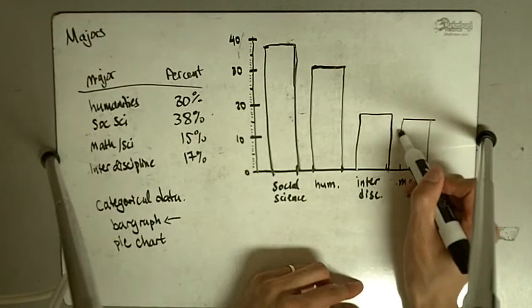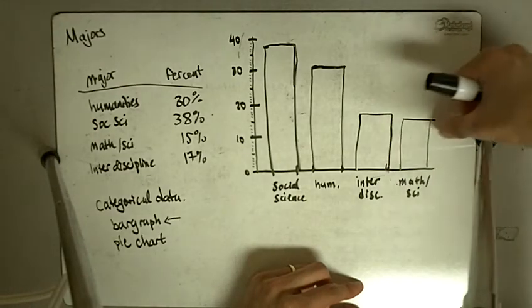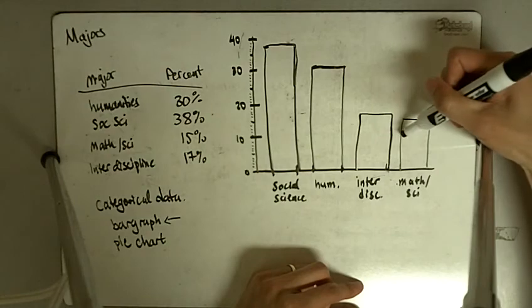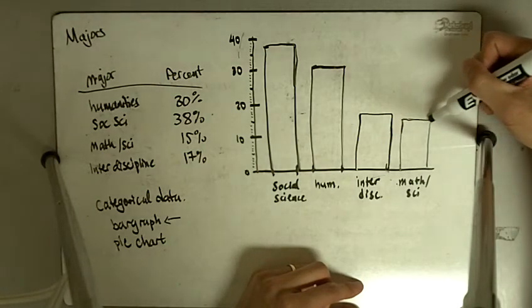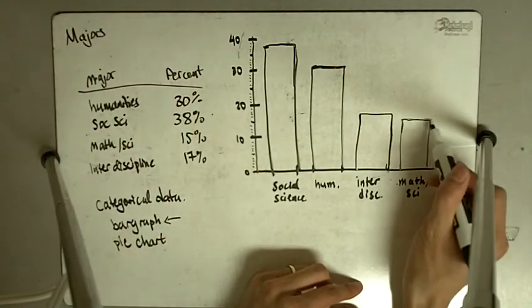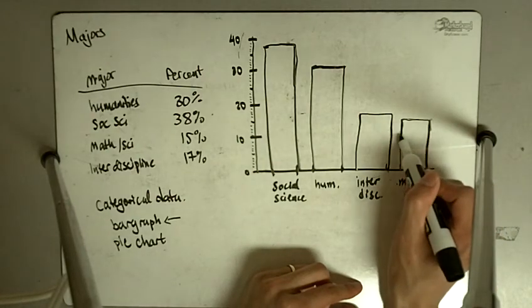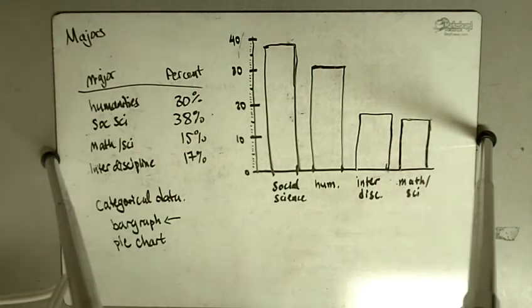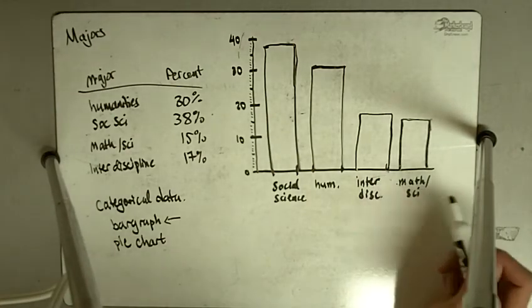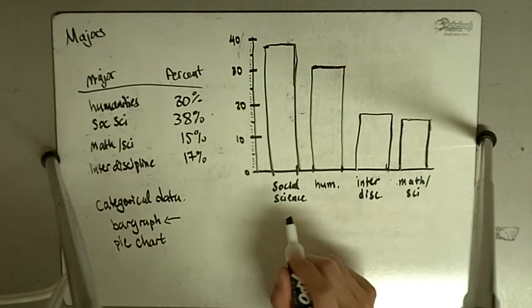Math and science majors representing 15%. Okay, so there is our bar graph. There we go. Interdisciplinary ones. Okay. All right, so comment on important features.